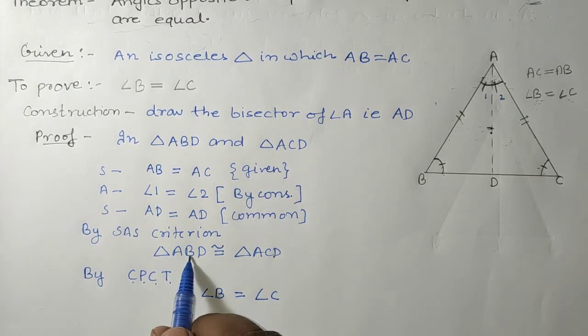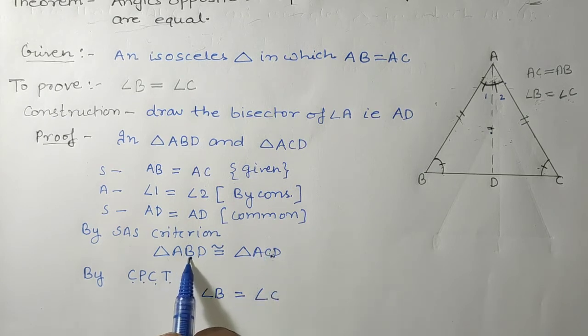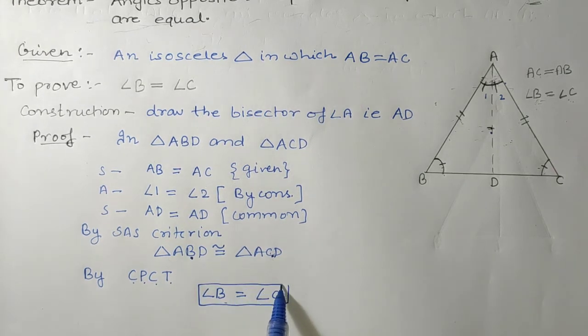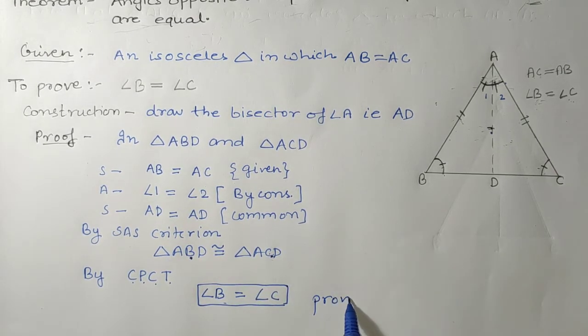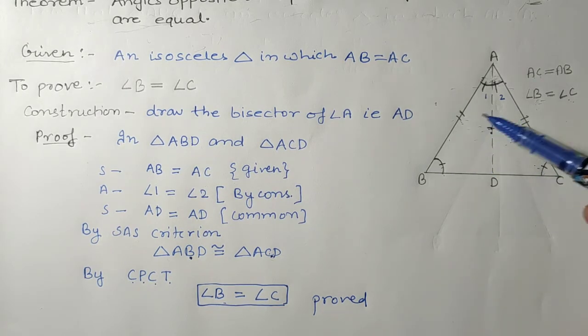See, angle B is on the second place, and here also angle C is on the second place. So angle B will be equal to angle C. So here it is proved that angles opposite to equal sides of an isosceles triangle are equal.